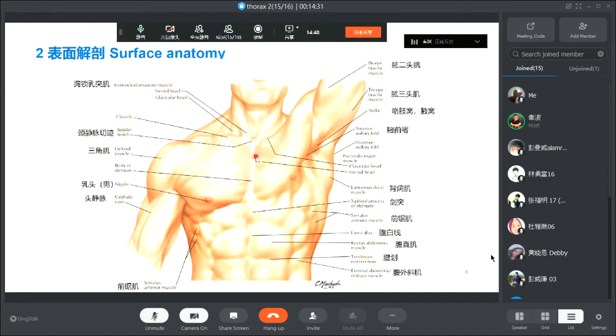You can use this picture to know the important structures in the thoracic wall that you can see and feel. Okay.